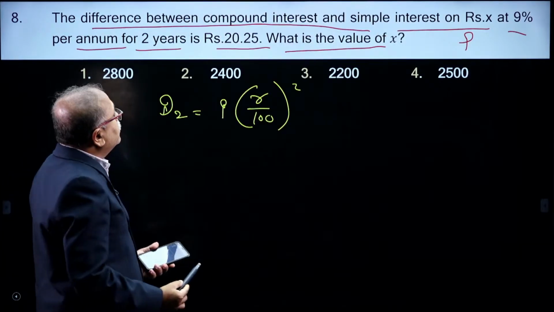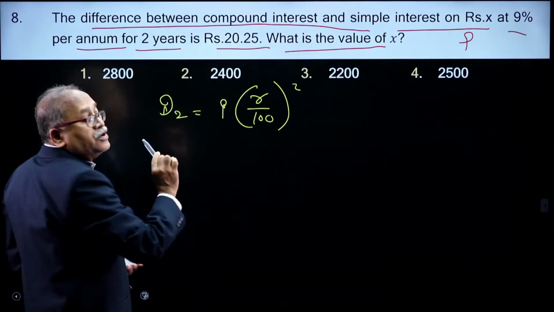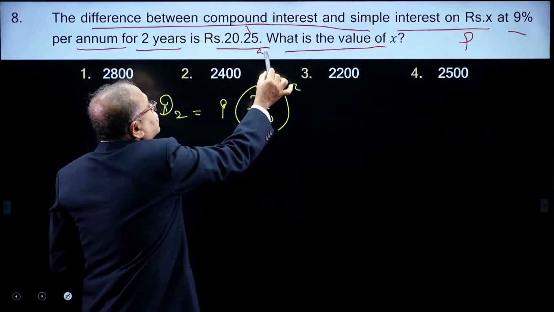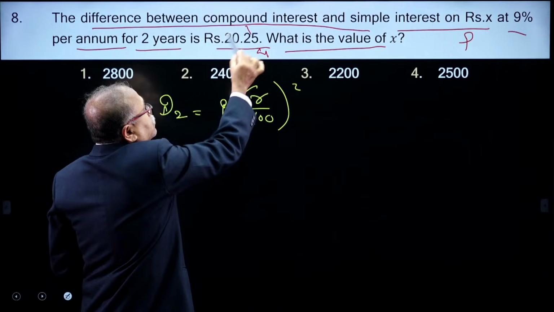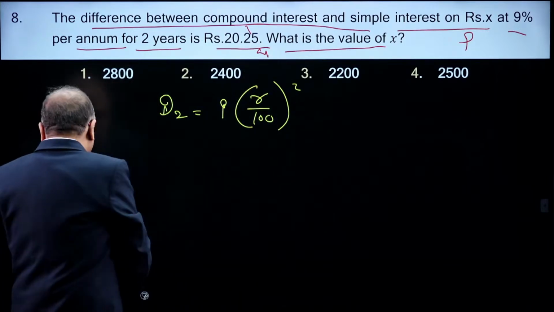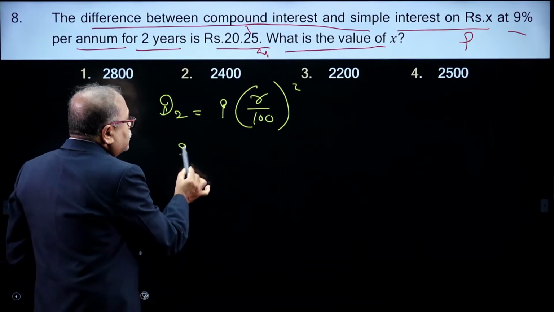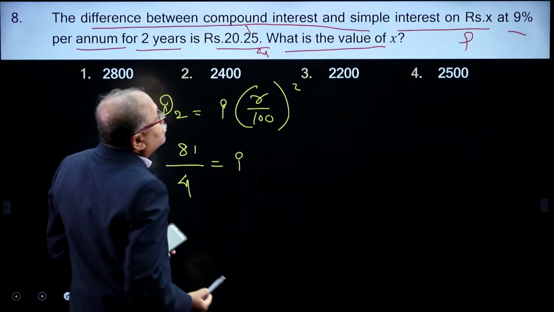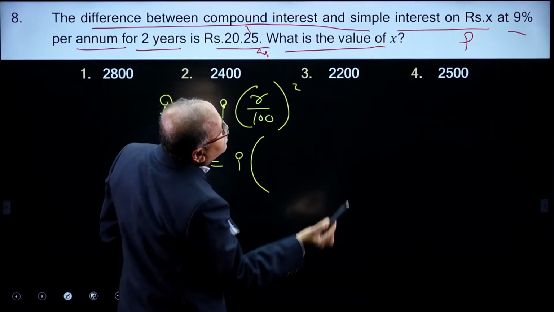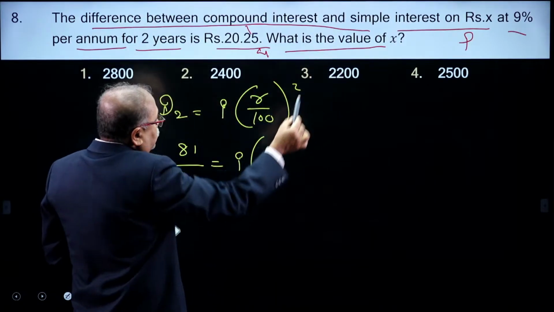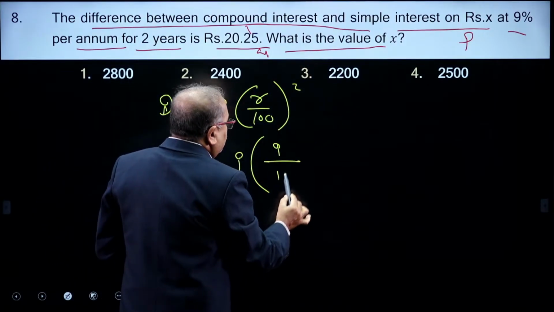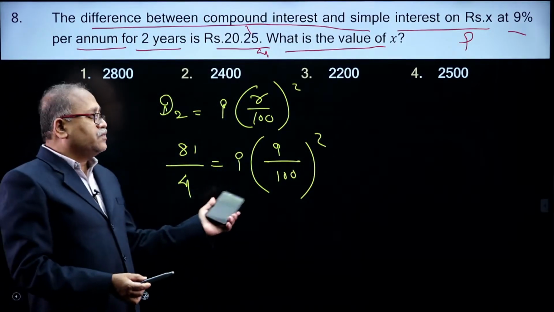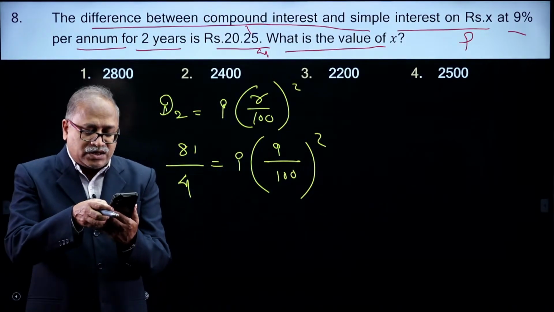I need the P over here, whereas the difference is already given to us, that is 81/4. So, I can write this as 81/4 is equal to P into (R/100)², and the 9 is already there. So, (9/100)², and 9 squared is 81. Up to this, if you have done, your answer is ready.